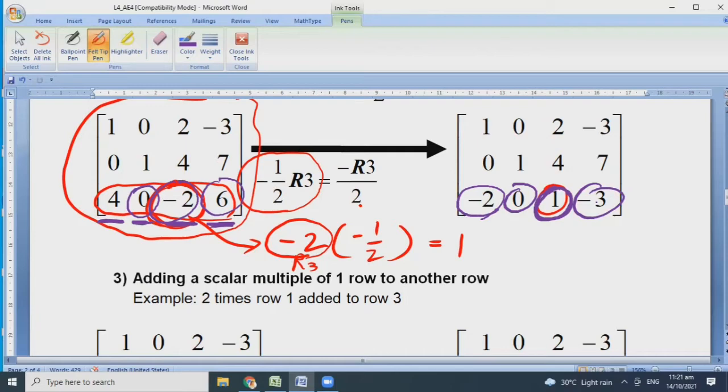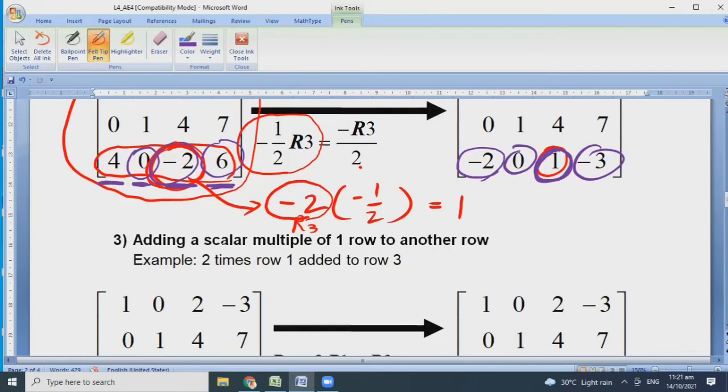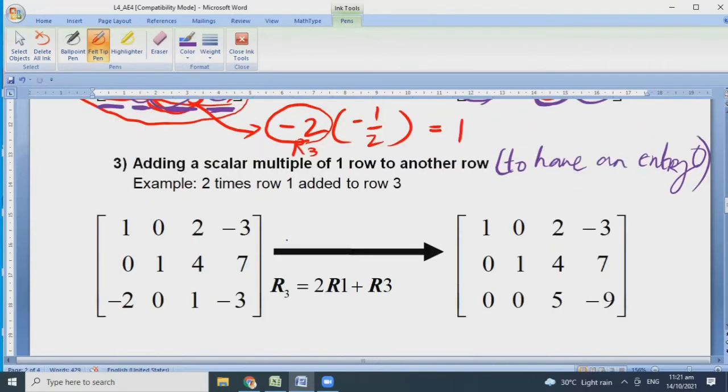So that is the answer. Another row operation that you can perform is adding a scalar multiple of one row to another row. This is used to have an entry 0. So when you want to have a 0. For example, this first column, look at this.